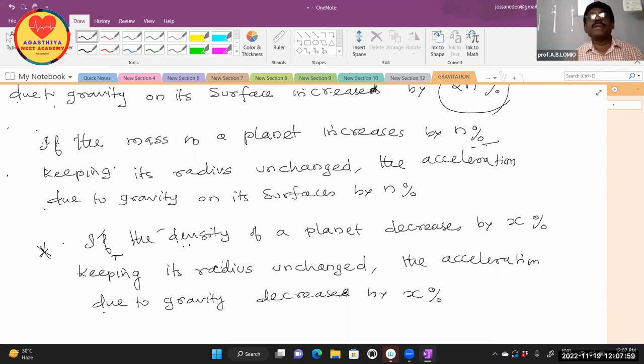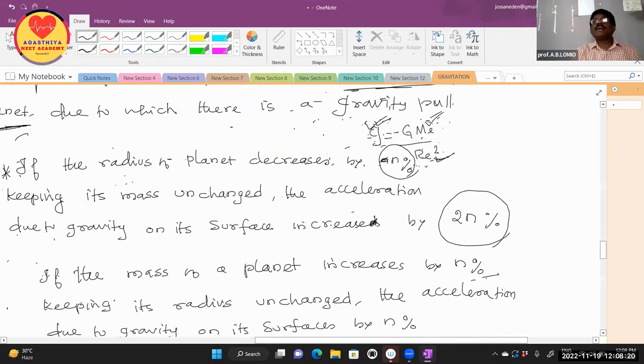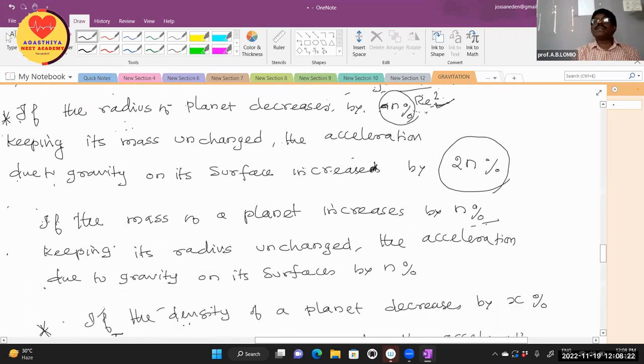Here also the density and mass are directly proportional to the gravity, whereas the radius is inversely proportional to the gravity. Understand? Density and mass are directly proportional, and the radius and the gravity are inversely proportional.